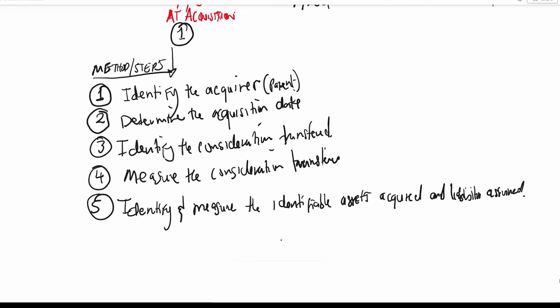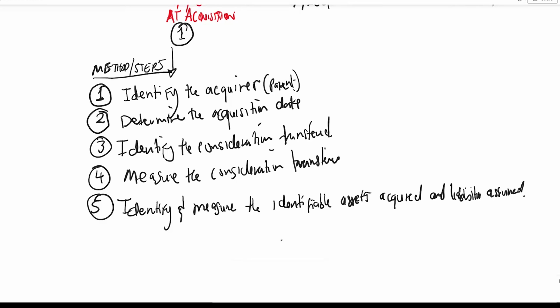Okay, so what we need to do at the acquisition date is measure the assets that we have. So we check the market price. We compare the market price or the fair value to the carrying value or carrying amount in the business.